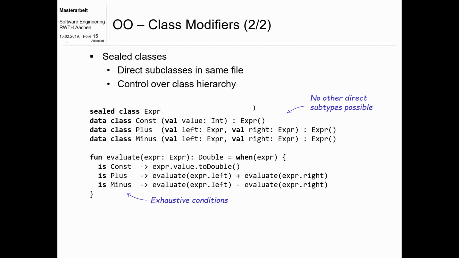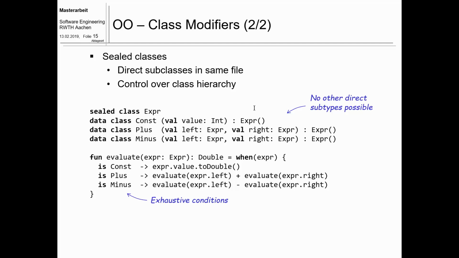So we've looked at data classes now, and the next one are sealed classes. So these are interesting because they basically give you more control over the class hierarchy, because if you declare a sealed class, then all its direct subclasses must be in the same file. And this enables the compiler to know that all the subclasses are in this file. So the compiler is aware of all the direct subclasses.